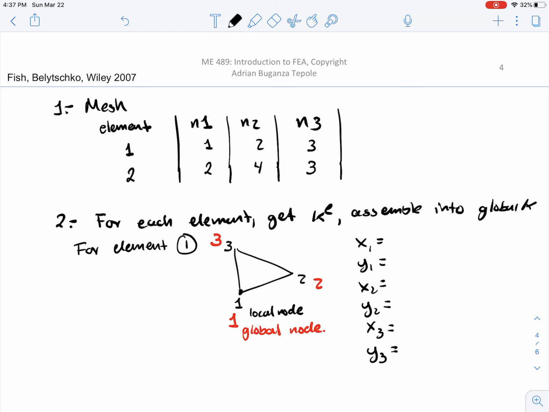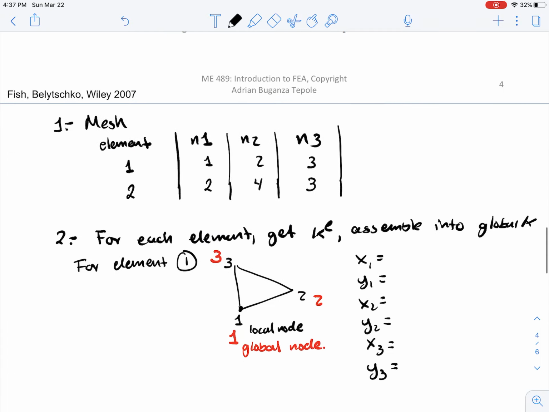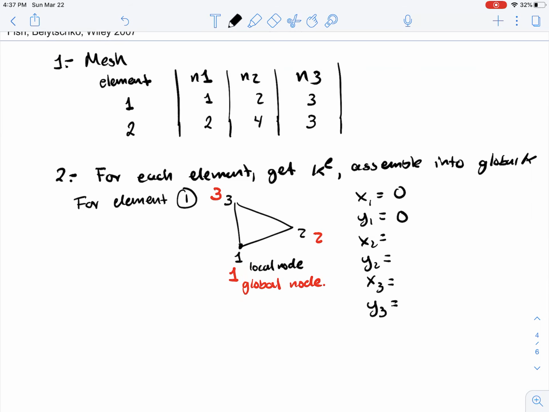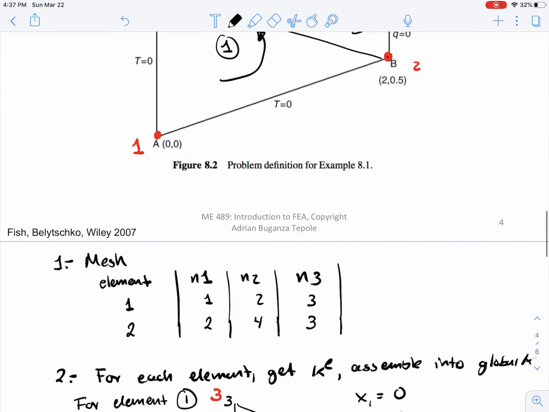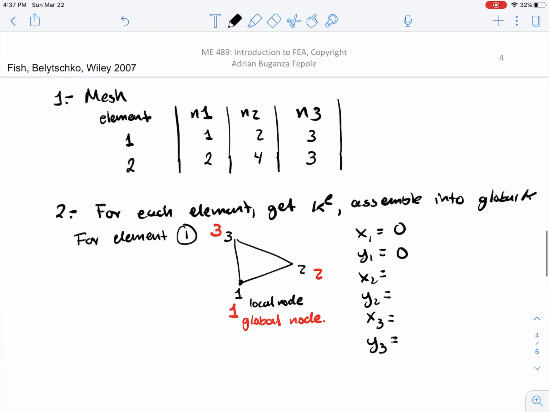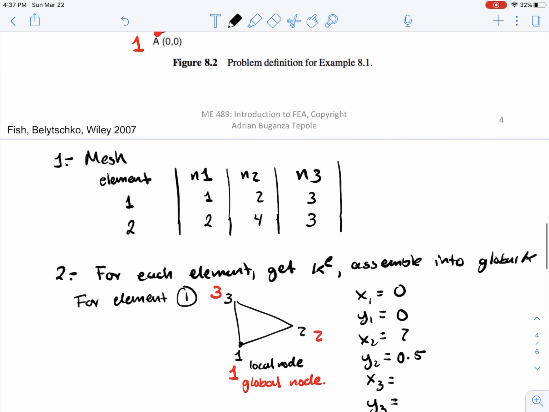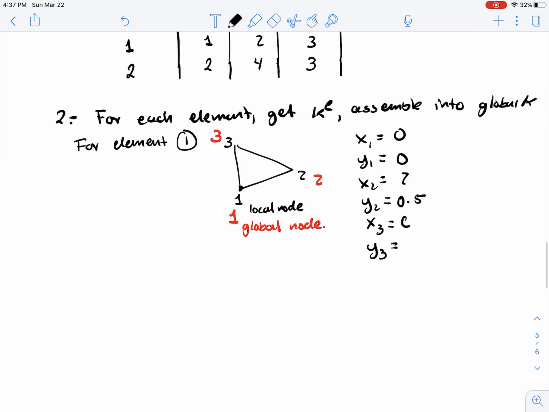So x1, y1, the coordinates of the first node of the element, are just 0, 0. Then x2 and y2 are 2, 0.5, and then node 3 is 0, 1. So those are the coordinates of my element.